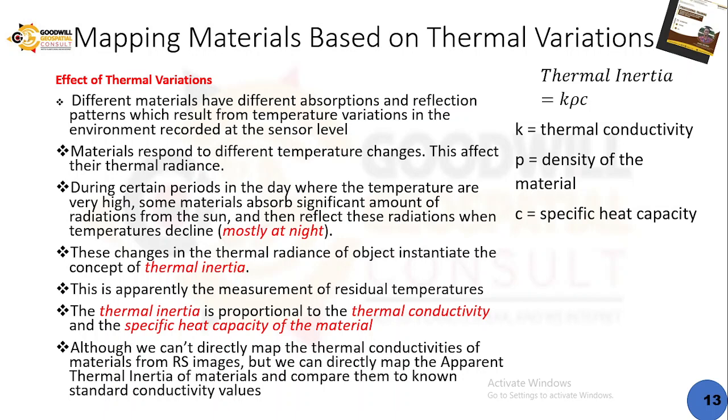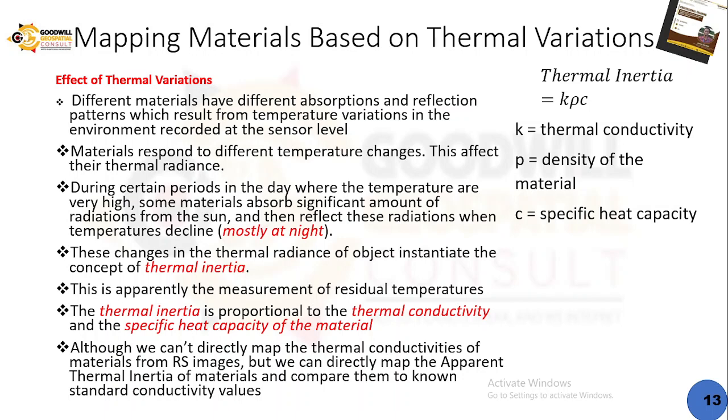The thermal inertia is in direct proportionality with the thermal conductivity values and specific heat of the material. Now, thermal conductivity is a quantitative property that can be measured in the lab. But apparent thermal inertia cannot be measured from the images, but it's a qualitative property.